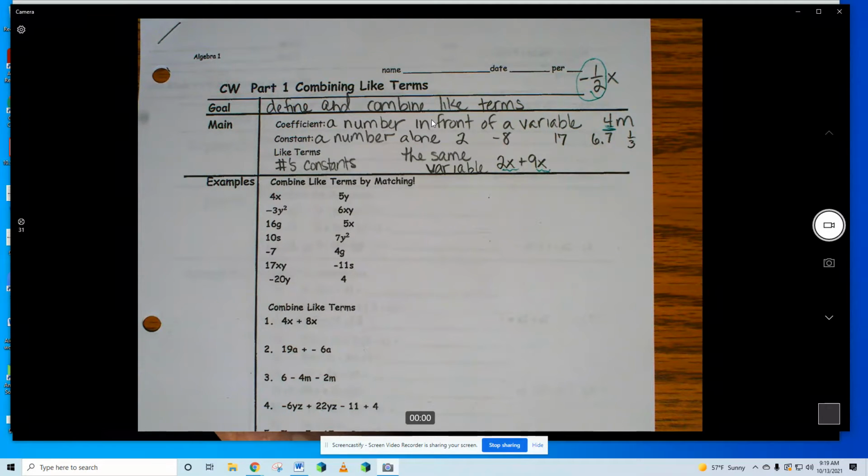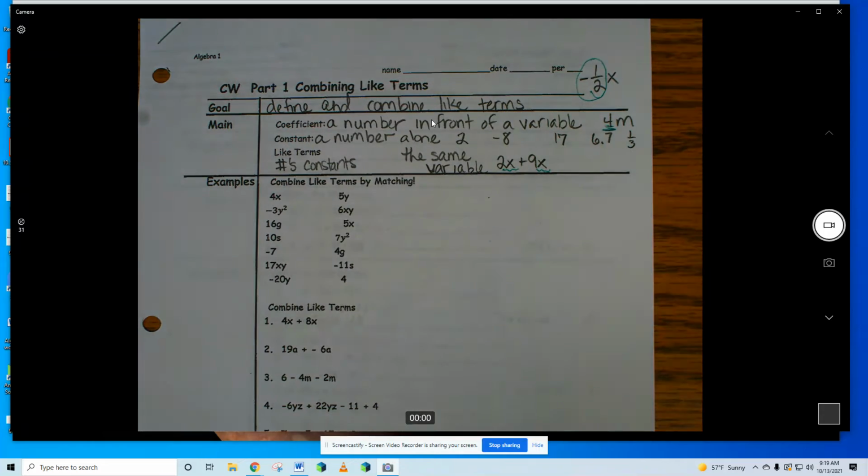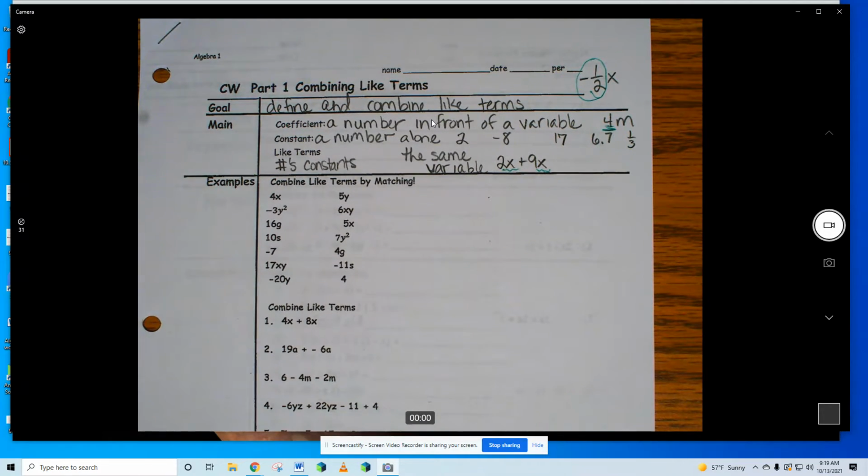And I can only add things together that have the same backpack. So if my backpack is a JanSport backpack, I'm only going to be able to add and subtract with other JanSport backpacks. Or if I have a Herschel backpack, then I'm only going to be able to add and subtract with other Herschel backpacks. So they have to have the same variable in order for me to be able to combine them.